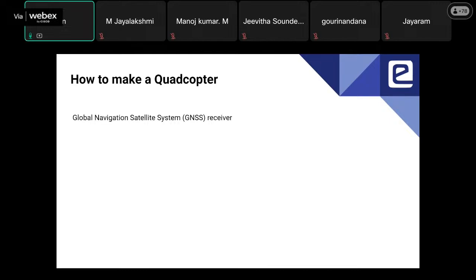Or if you want to do, say, rescue missions, you want to move from one coordinate to another coordinate. For all that you need a global navigation satellite system, or GPS.